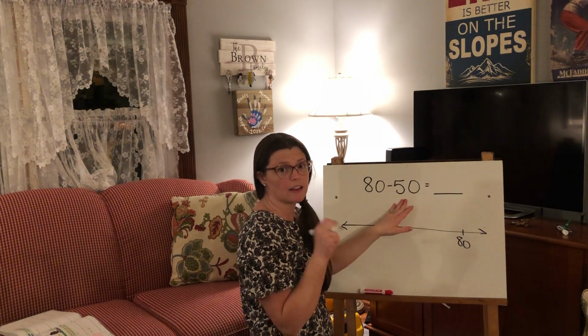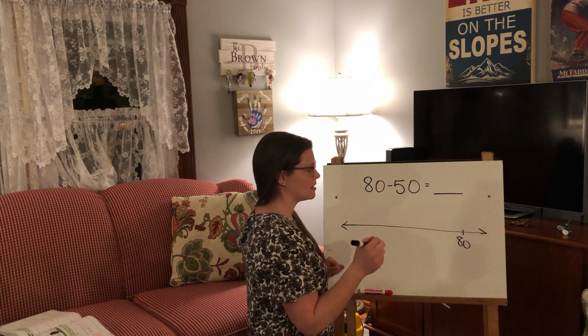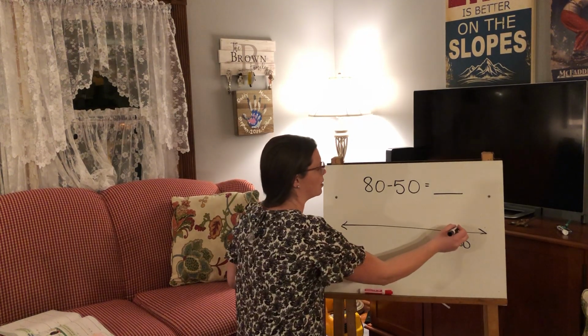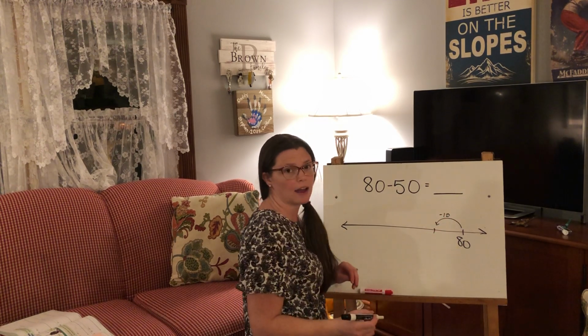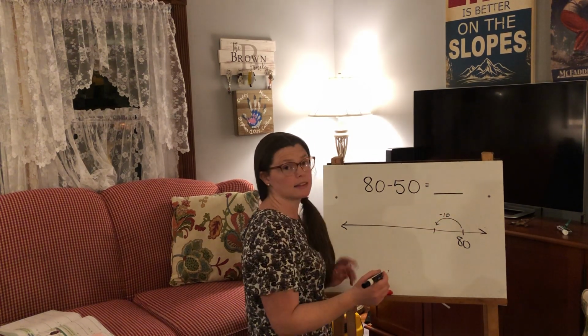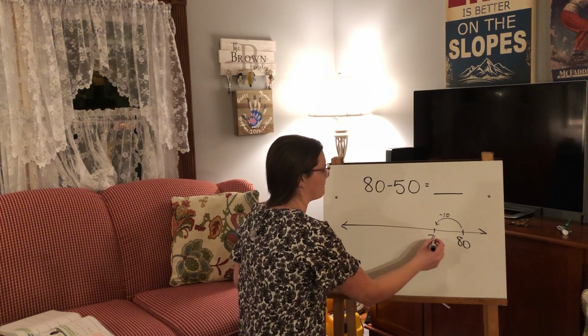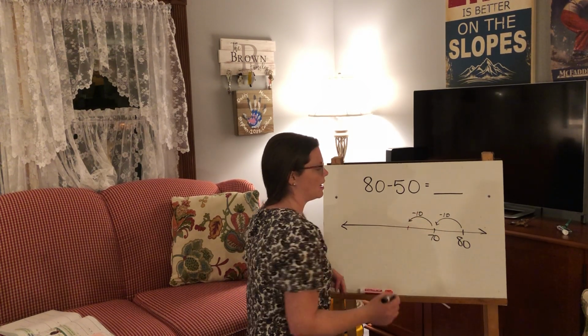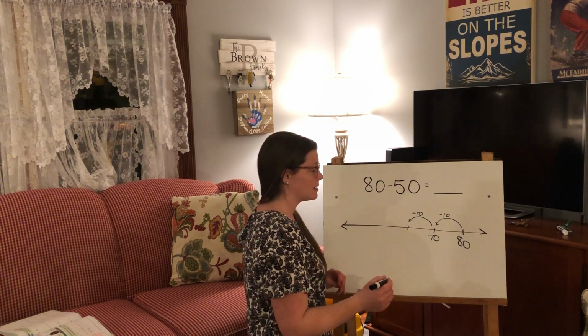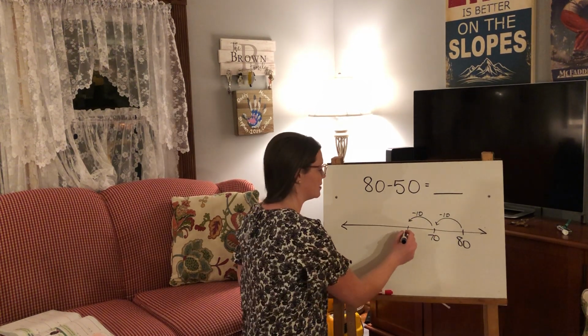Because 50 is 5 tens. So here we go. I'm gonna go minus 10, and I'll end up at 70. I'm gonna jump back 10, and I'll end up at 60.